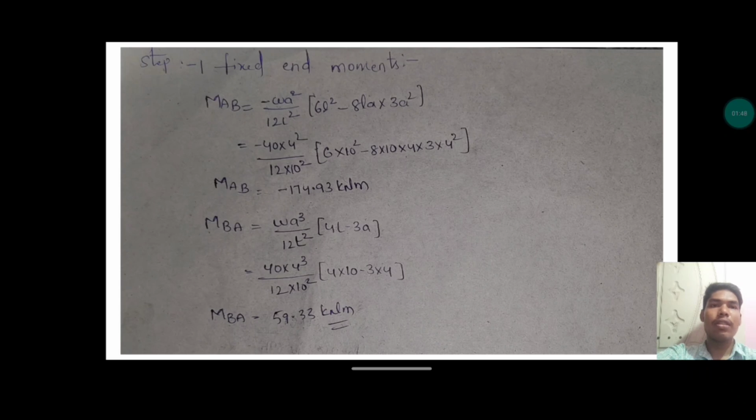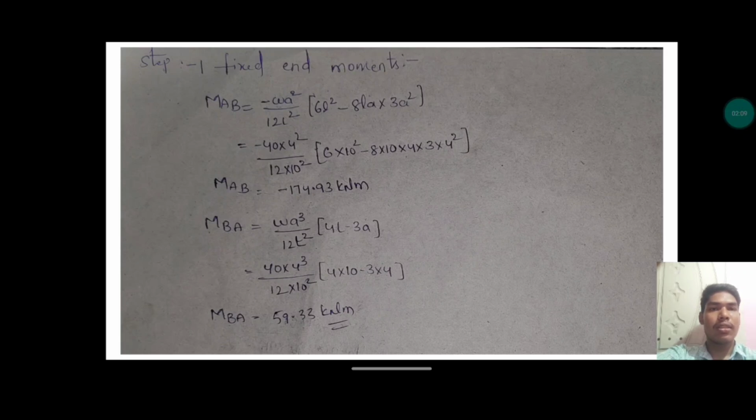Step 1. For finding the fixed end moments, firstly, MAB is equal to, the formula for the UDL from the left end, minus WA square by 12L square into 6L square minus 8LA plus 3A square, where A is 4 meters, W is 40 kilonewtons.